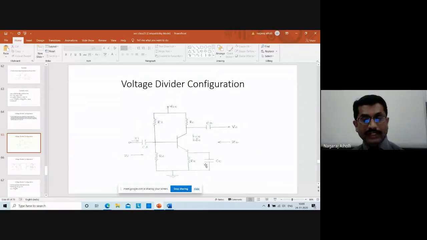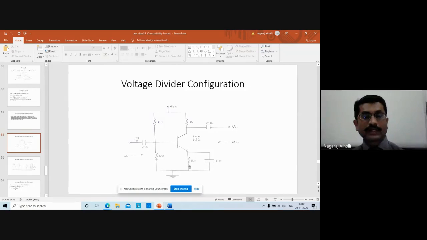When RE and 0 ohms come in parallel, what will be the equivalent resistance? RE into 0 divided by RE plus 0 is how much? 0. The parallel combination of RE and 0 ohms is 0 only.